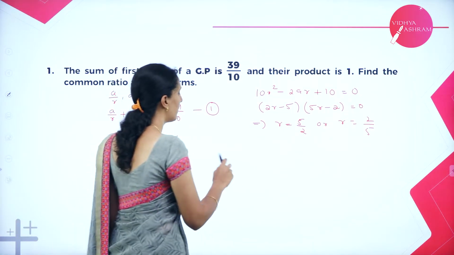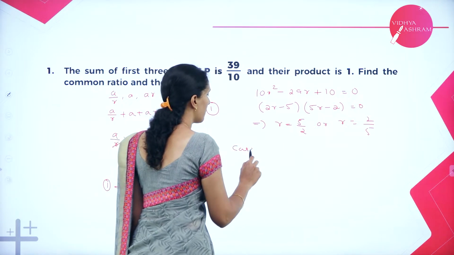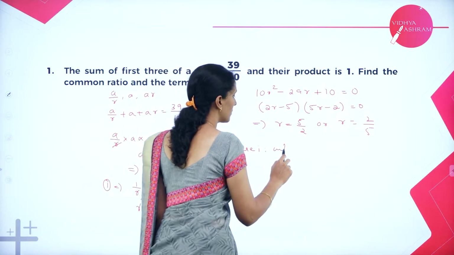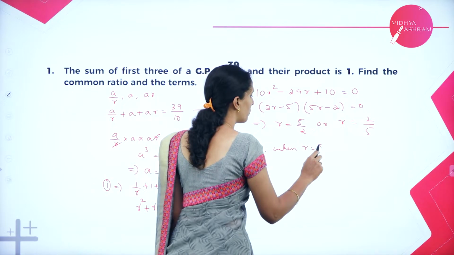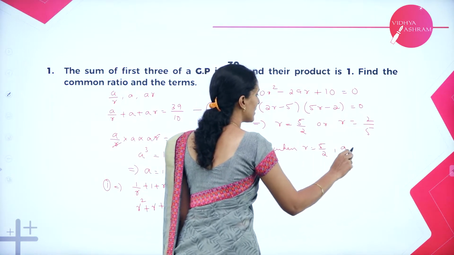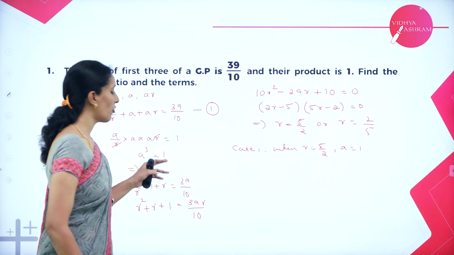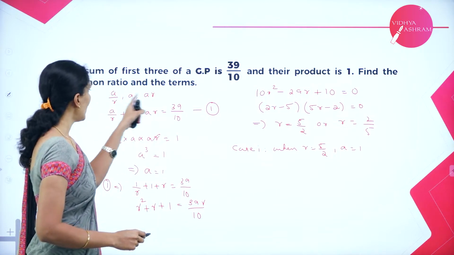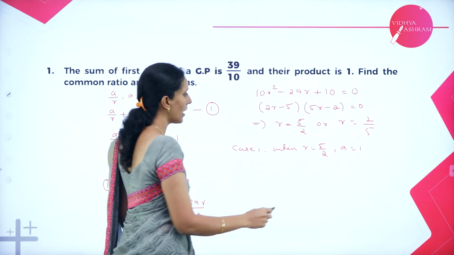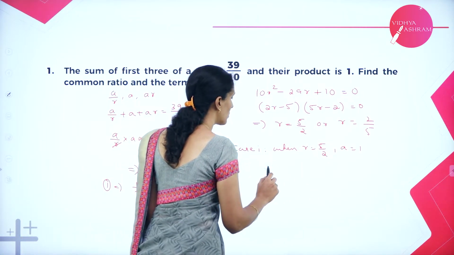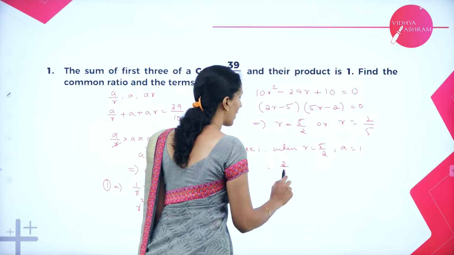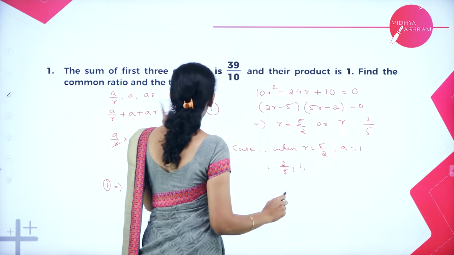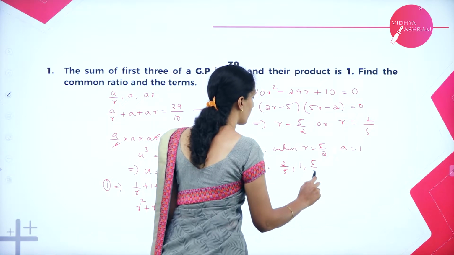So let's see the first term. So case 1, when R is equal to 5 by 2 and A is equal to 1, because we got the value of A is equal to 1 there. So let's take it as A by R. So 1 by 5 by 2. So therefore the terms are 2 by 5, 1 and AR is 5 by 2.